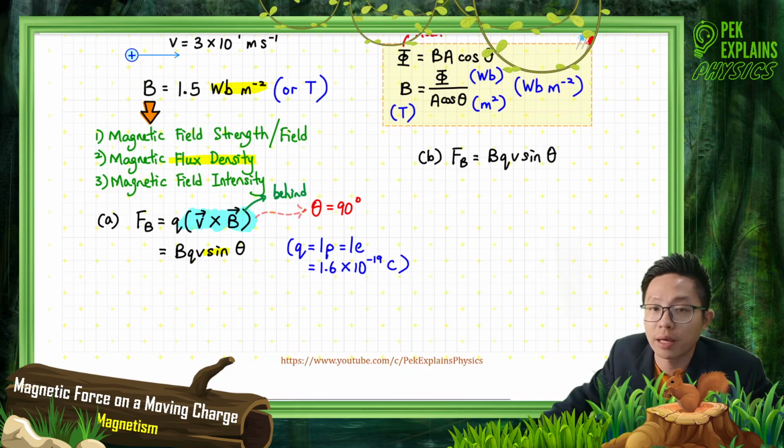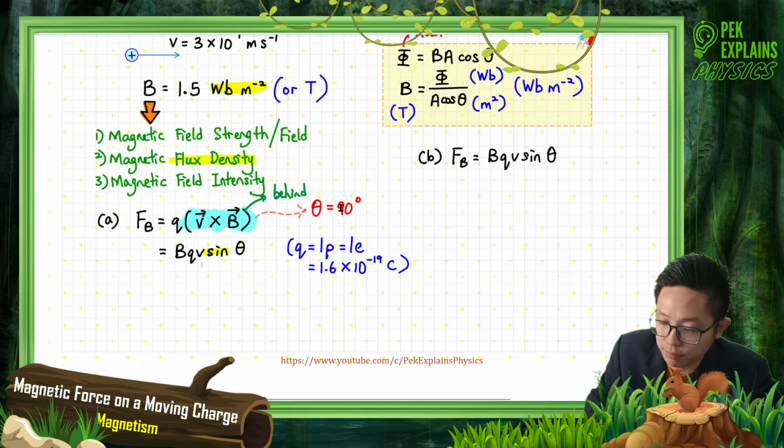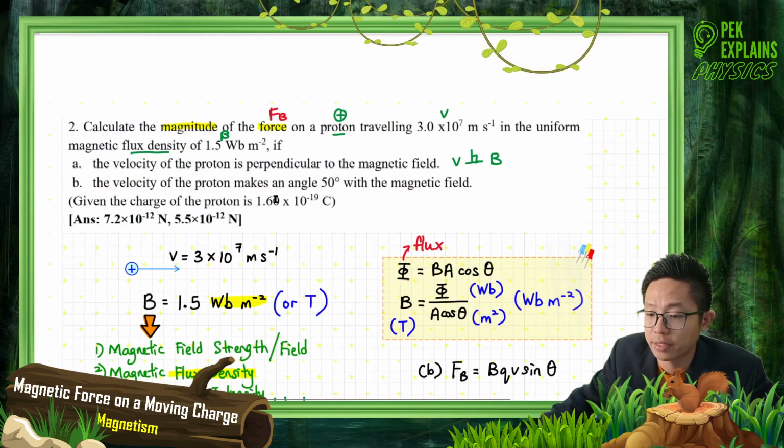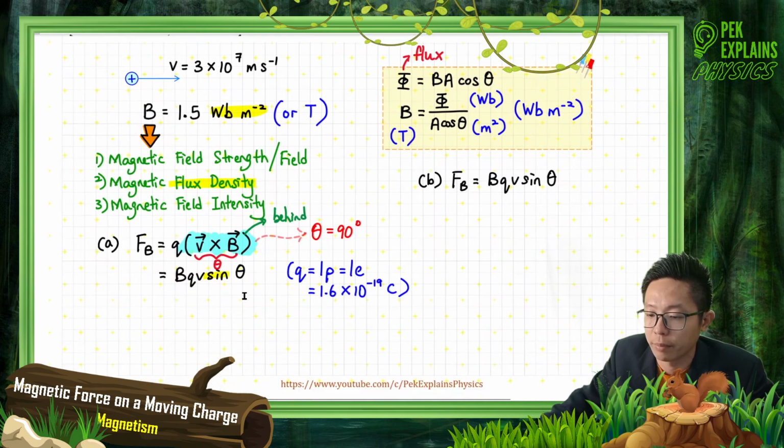Theta must be between these two. And he did say that velocity is perpendicular to the field. So that means between V and B, the angle theta is 90 degrees.